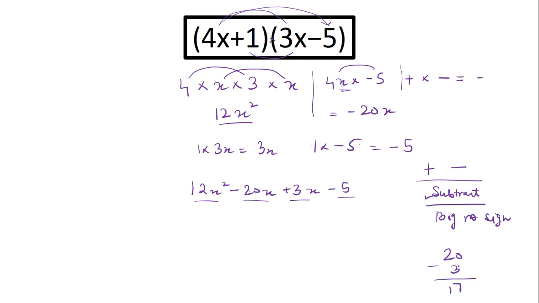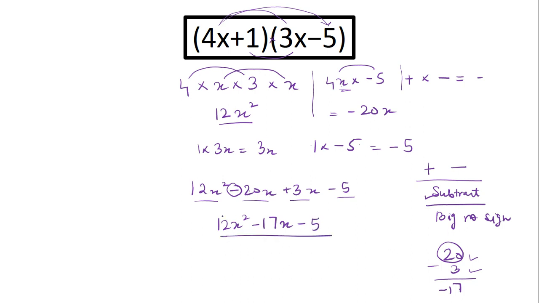Now, do I have a positive 17 or a negative 17? I have to decide which number is bigger, 20 or 3. Obviously 20 is a bigger number, and this 20 has a negative sign, which means my 17 is also supposed to be negative. So now, grabbing my 12x squared just the way it is, negative 20x plus 3x gave me a negative 17x. Don't forget to write the x, and then I have a negative 5.